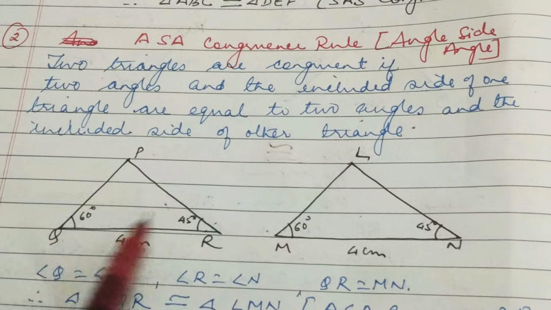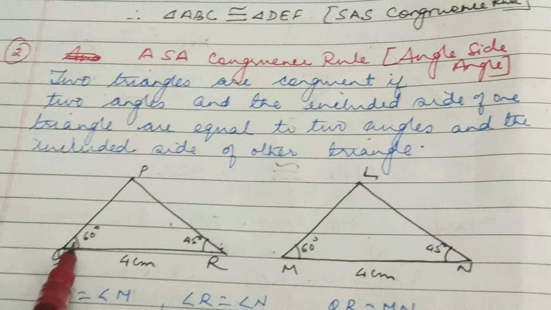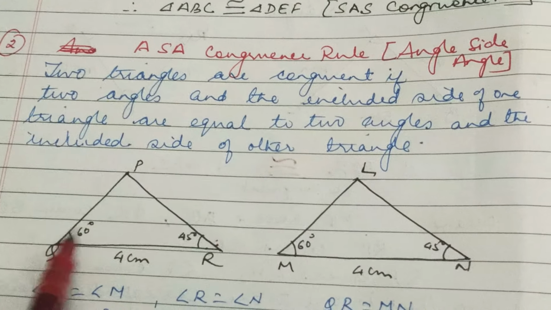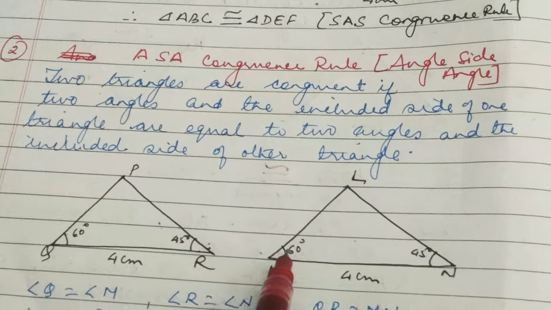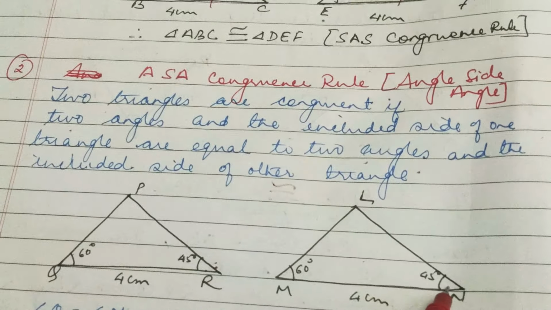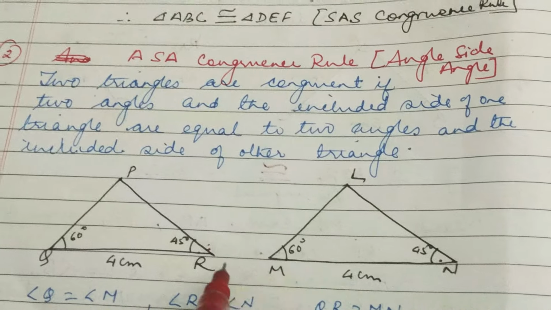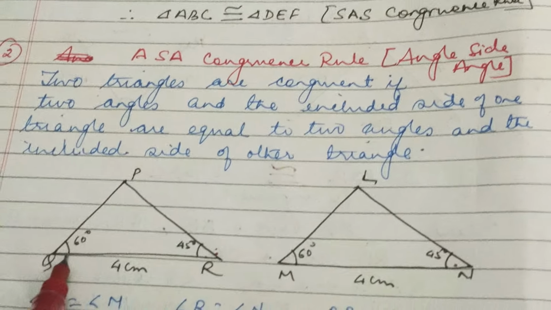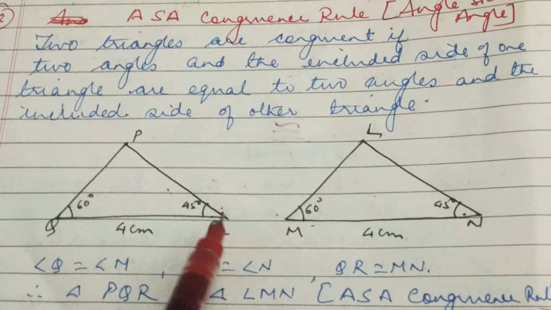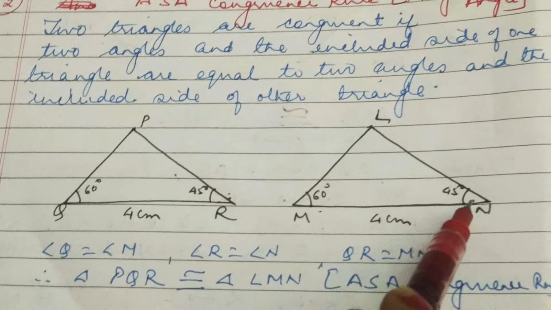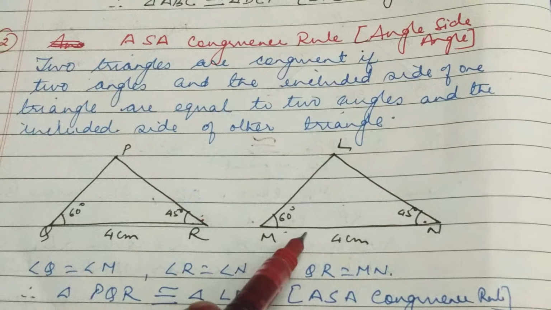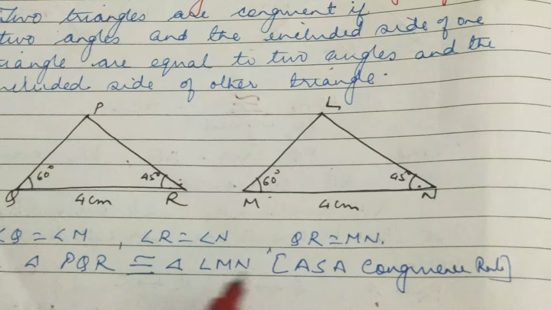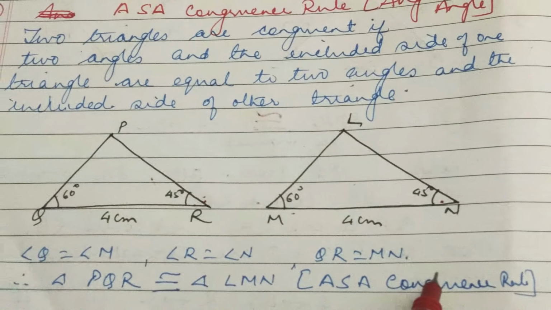The side QR is included between angle Q and angle R. Similarly, MN is included between angle M and angle N. That is, angle Q is equal to angle M, angle R is equal to angle N, and QR is equal to MN. Then the two triangles are congruent by ASA congruency rule.